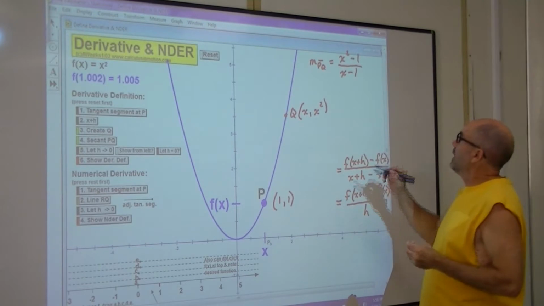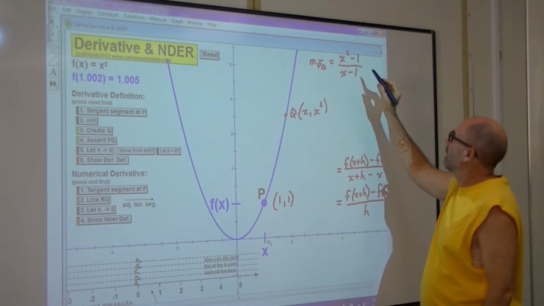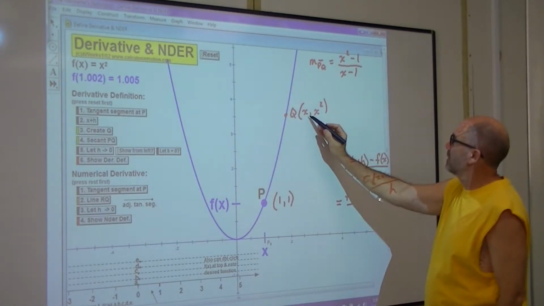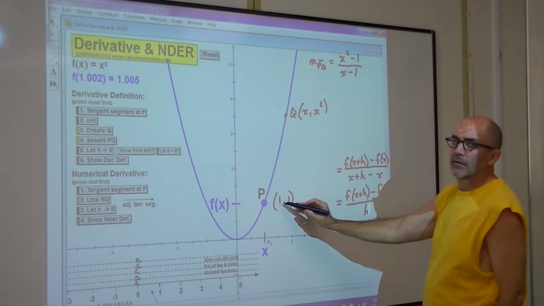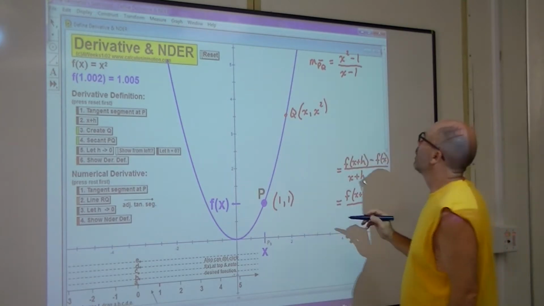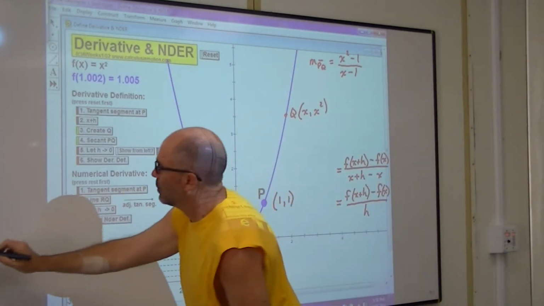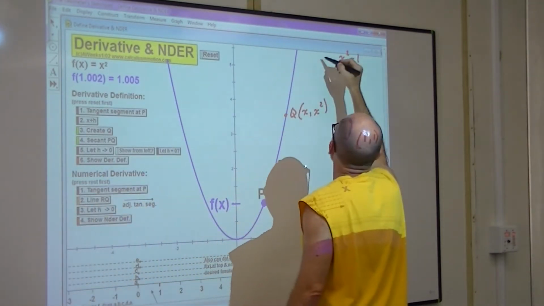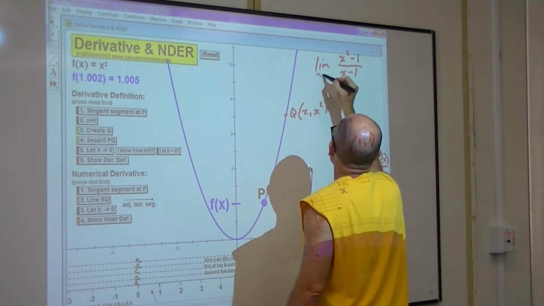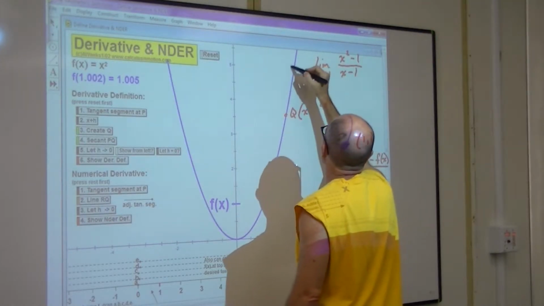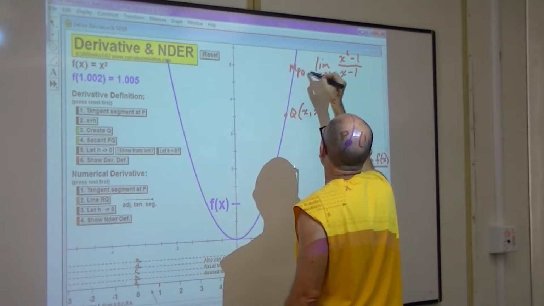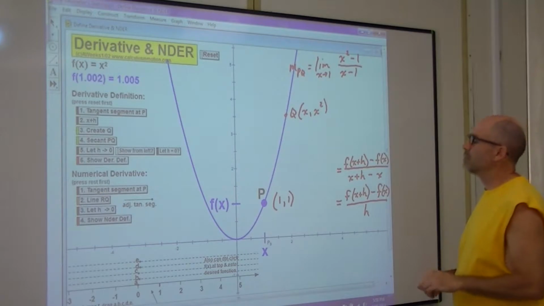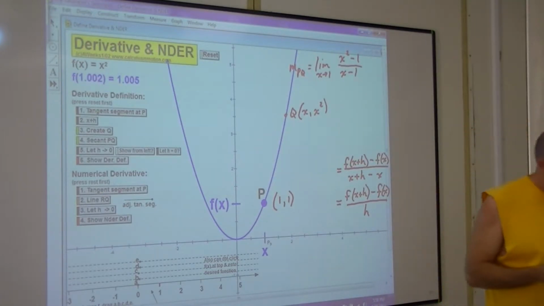So what we want is the limit as x approaches 1 of this thing. So the slope of PQ is really the limit as x approaches 1 of x squared minus 1 over x minus 1. All right, now let's see how that works.